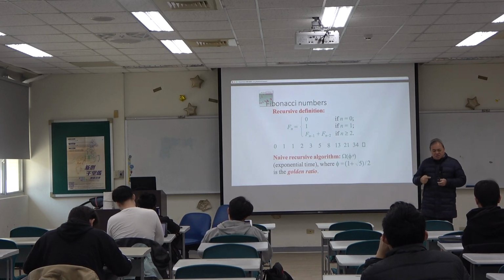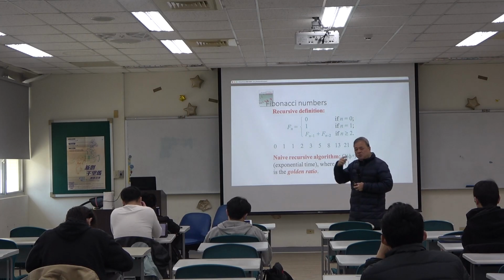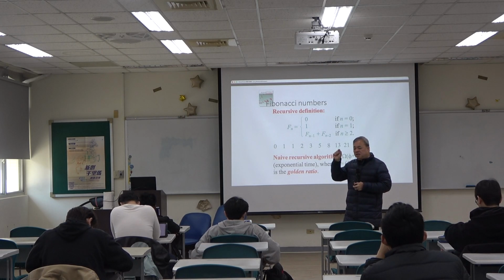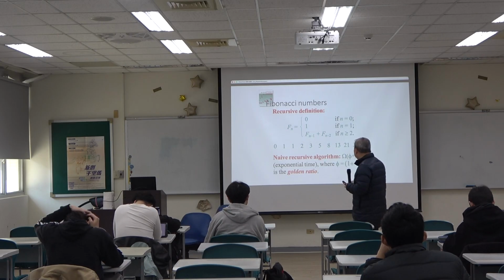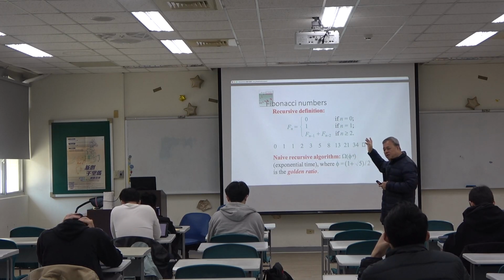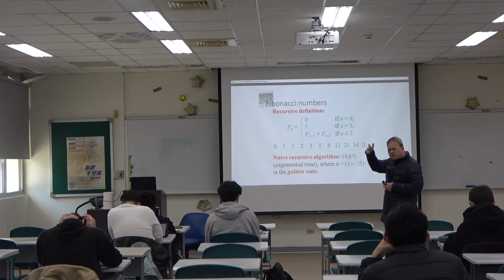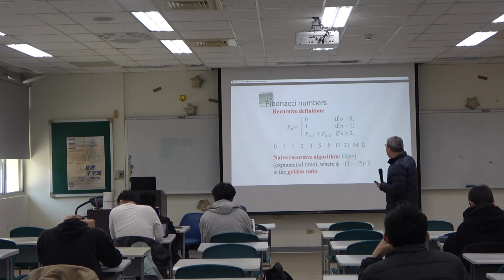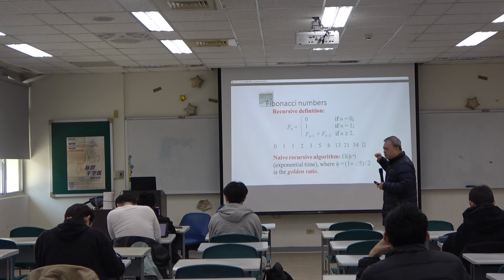Basically, it's a loop. Every time you go through the loop, n gets increased by 1. The base case will be n equal to 0 or n equal to 1. If the argument you get belongs to either of these two cases, then you just return 0 or 1.